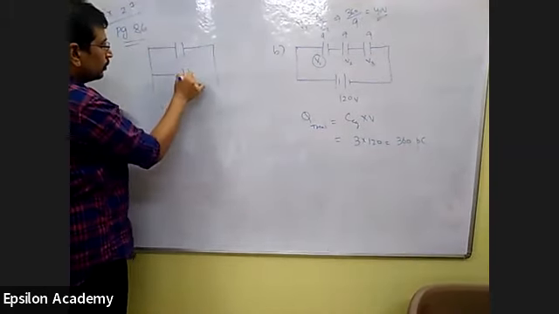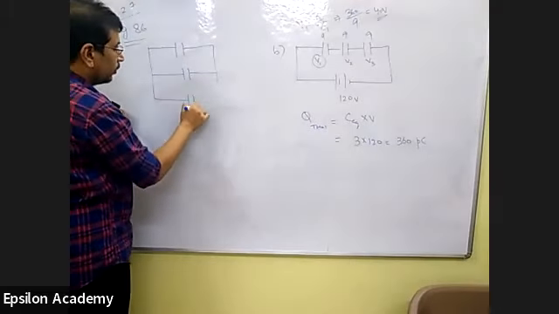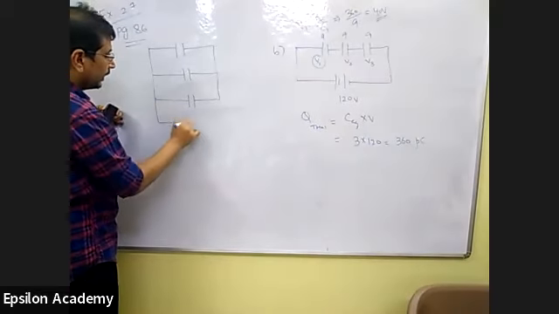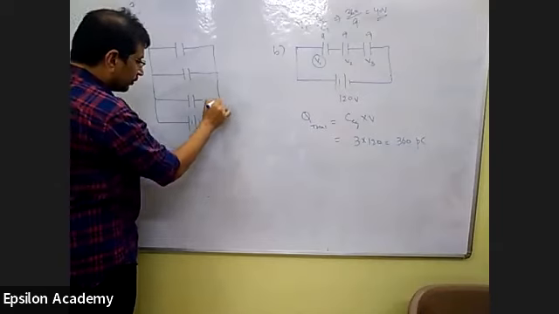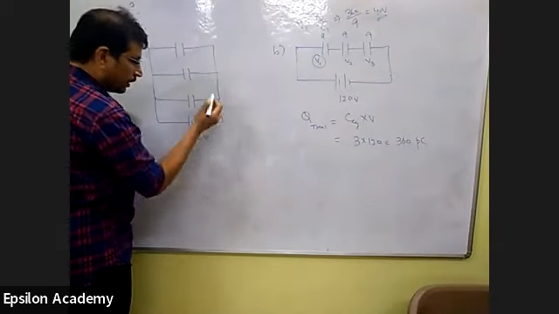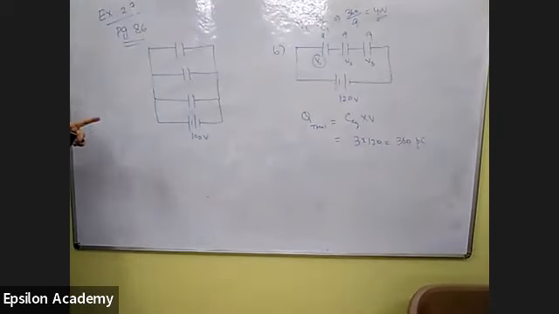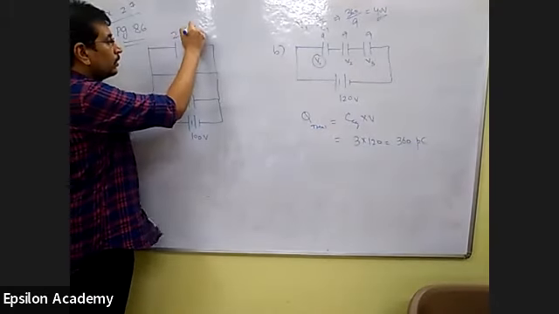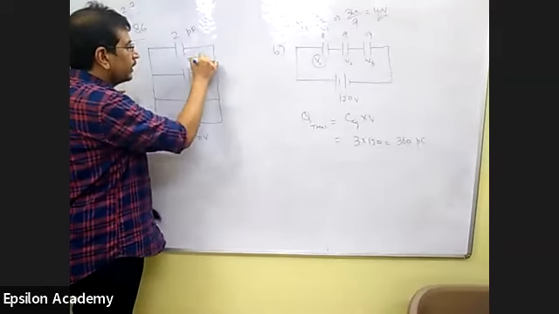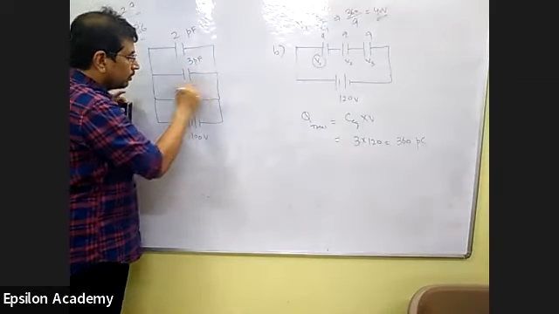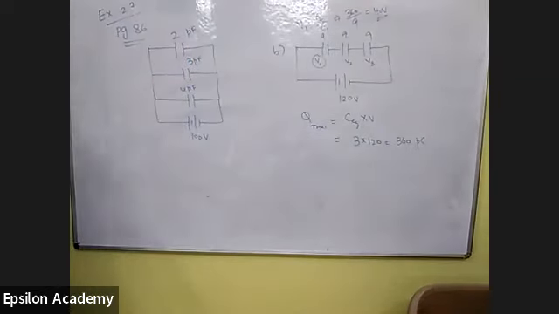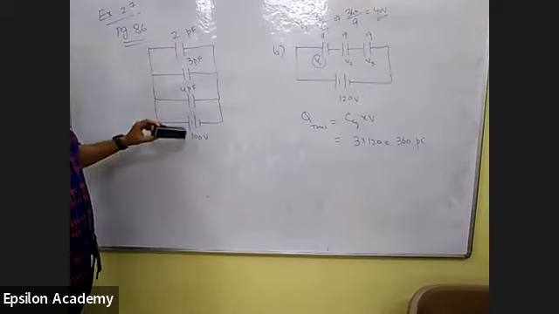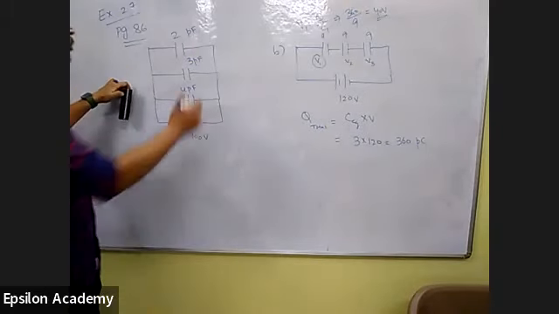So 2, 3, and 4. All the three are connected in parallel, and the combination is connected across 100 volt. Correct? Is this what they are trying to say? So 2 picofarad, 3 picofarad and 4 picofarad. Correct? Now 100 volt is there. Then how much is going to be the charge here?